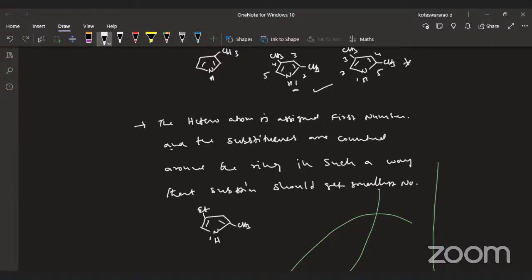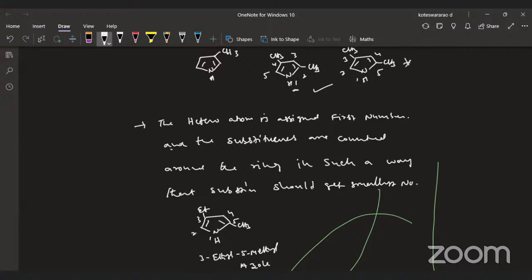The numbering starts 1, 2, 3, 4, 5. It is 3-ethyl, 5-methyl azole.